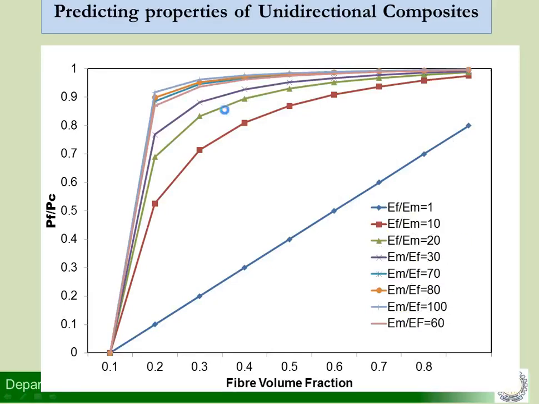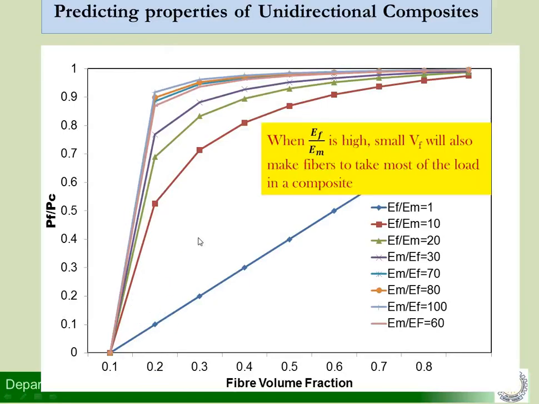We observe that as you keep on increasing the value of EF upon EM, the percentage of the load shared by the fiber, that is the ratio PF upon PC, is increasing, and even at a lower volume fraction of around, let us say, 0.2, we are able to observe that most of the load is taken by the fibers.